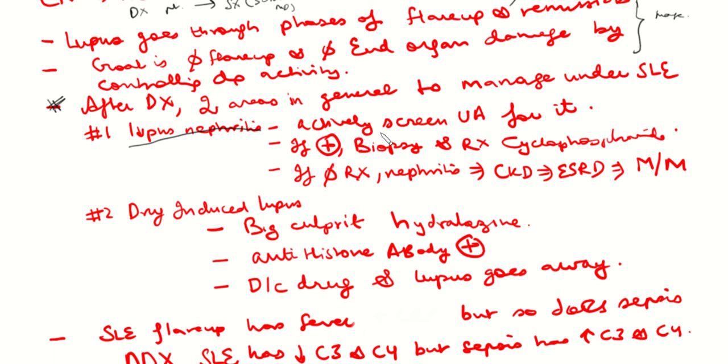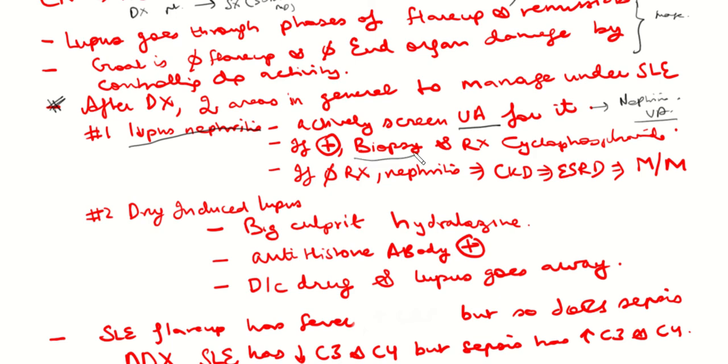So for these patients, when they're diagnosed and for their regular follow-up visit, we actively do a urinalysis on them to screen for their kidneys and whether you're starting to see a nephritic pattern in urinalysis. If we are, then we start to suspect that lupus nephritis might be developing.